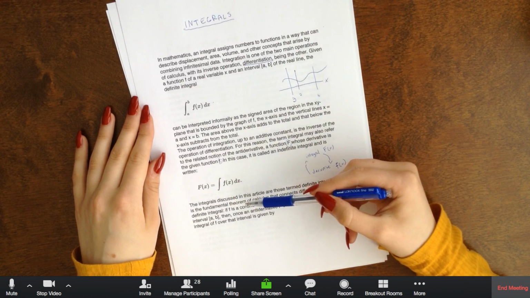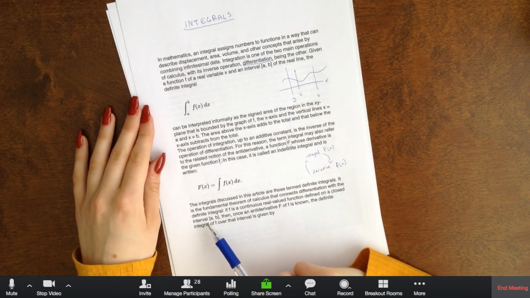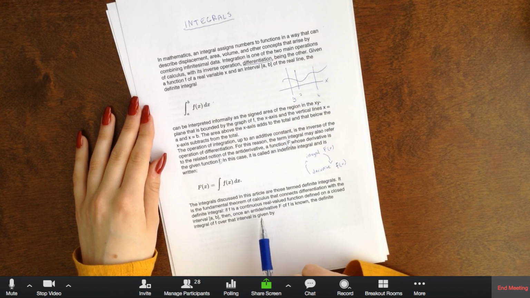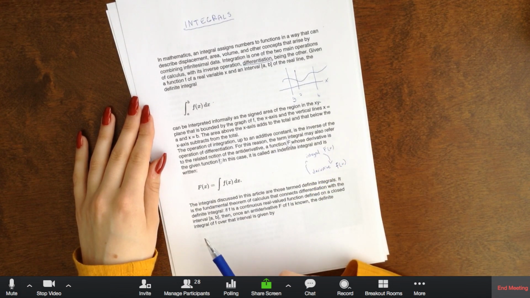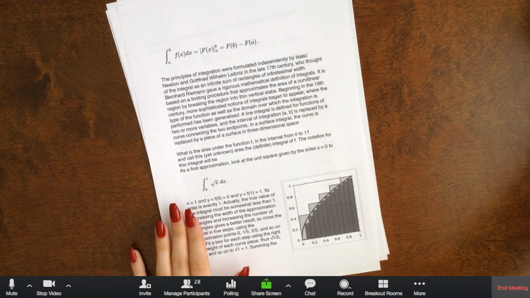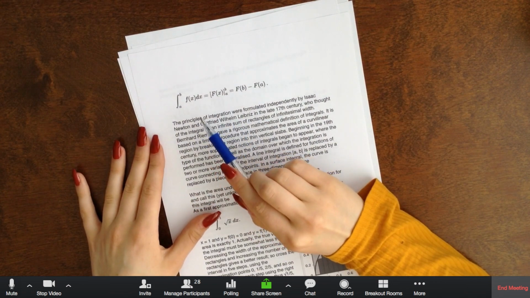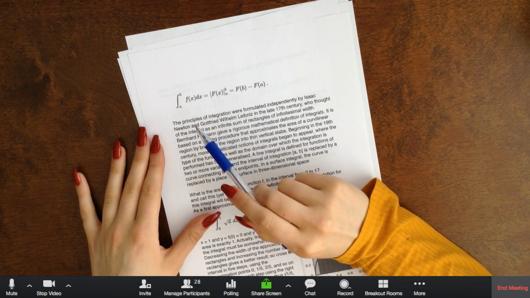If f is a continuous real-valued function defined on a closed interval a to b, and we can see the symbols for the closed interval right there, then once an antiderivative F of f is known, the definite integral of f over that interval is given by, and here we have that. I will take a pause right now so you can copy this into your notebooks.